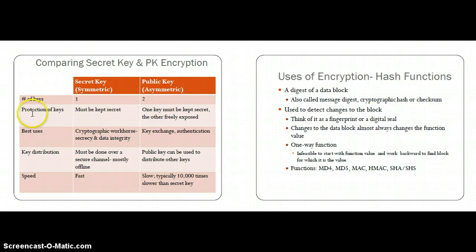The table shows that comparison. For protection, the secret key must be kept secret, while for public key, one key is published and one is kept secret. For best use, key distribution, and speed: here the speed is very high, and here it is low, degrading the performance of the system. Public key is used for key distribution.